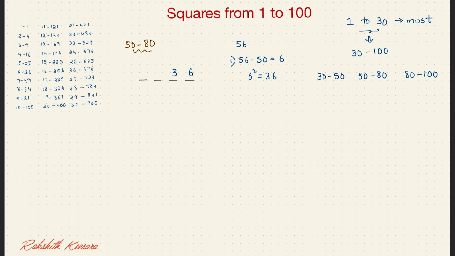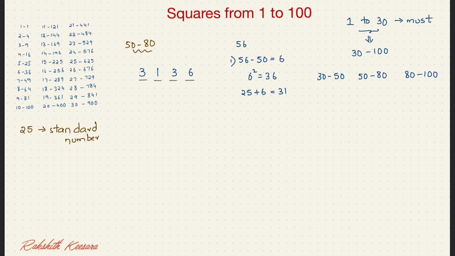So the second step is 25 plus 6, which is 31. So 3136. Done, right? Very easy.